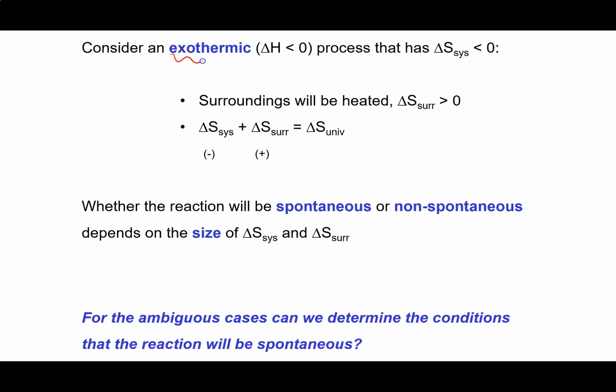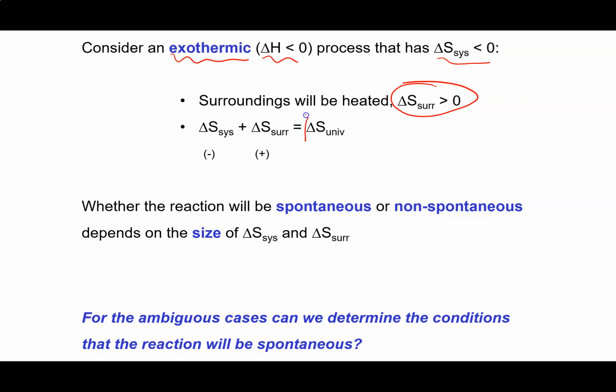What about an exothermic process, that is one that has delta H negative, that has a delta S of the system being negative? We're releasing heat into the surroundings, so that will increase the entropy of the surroundings, so delta S surroundings will be a positive number.